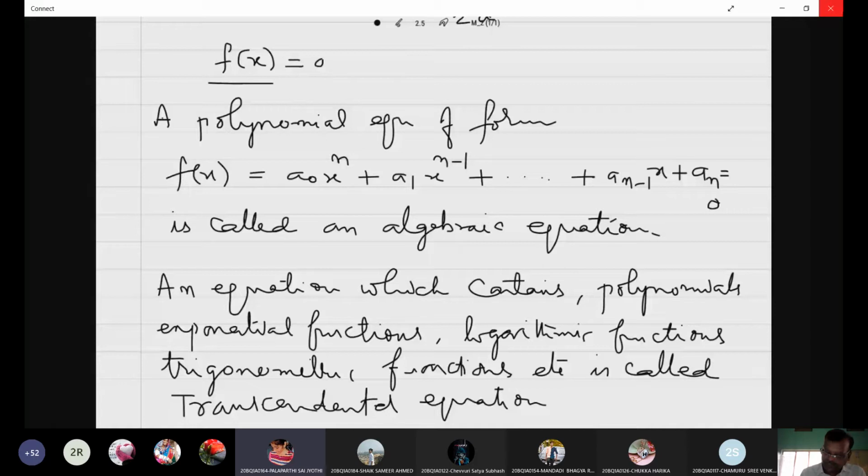Let us see some examples for algebraic equations and some examples for transcendental equations.